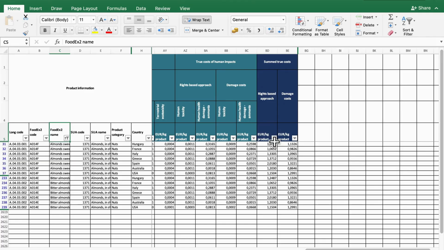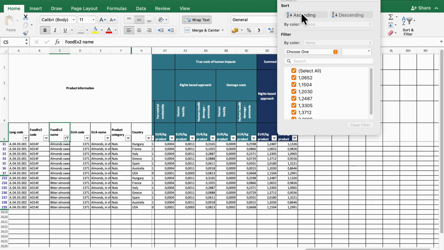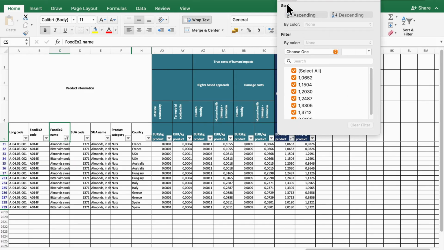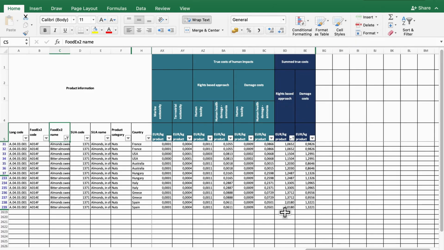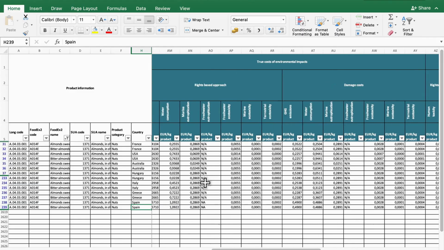I can then come to the sum true costs and sort them via that. And then I can see that the almonds produced in Spain have the highest true costs, while those produced in France have the lowest true costs.